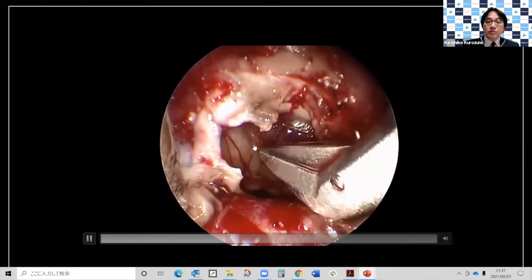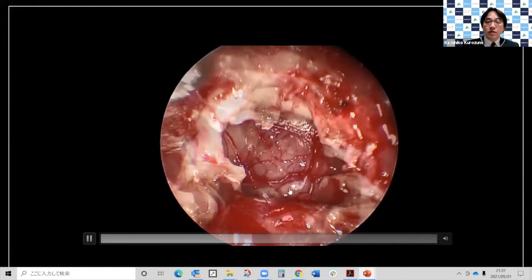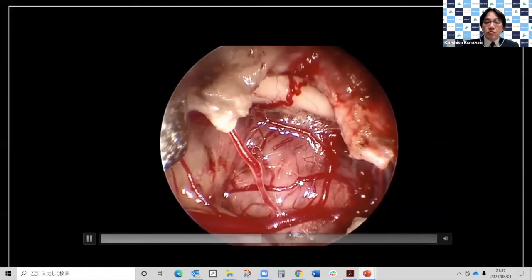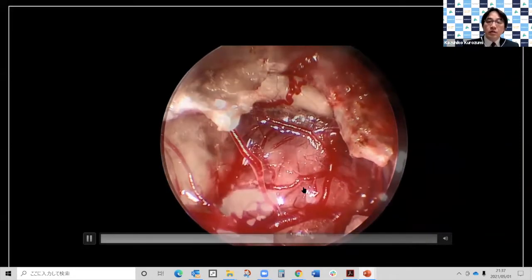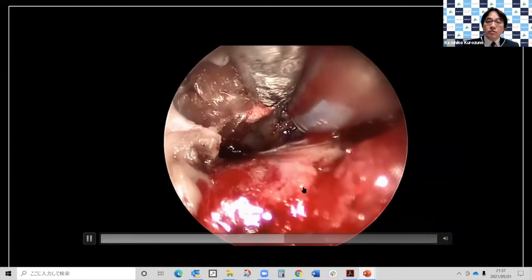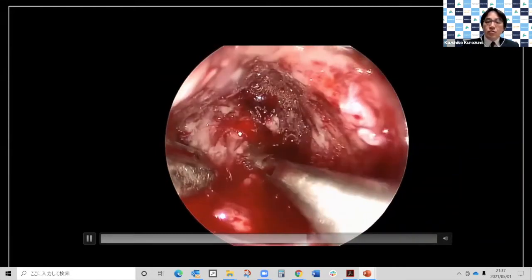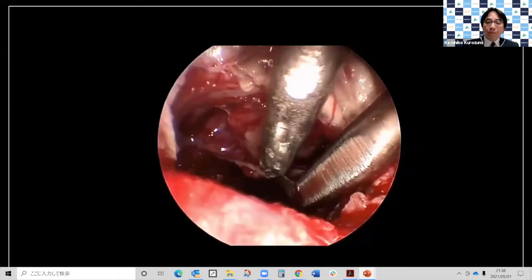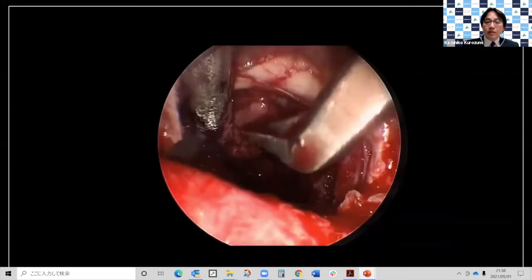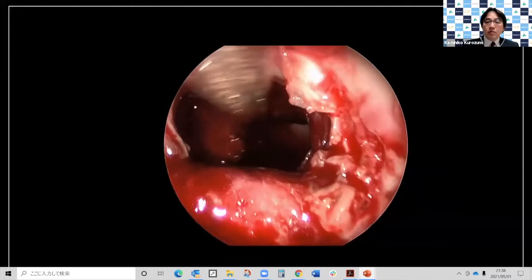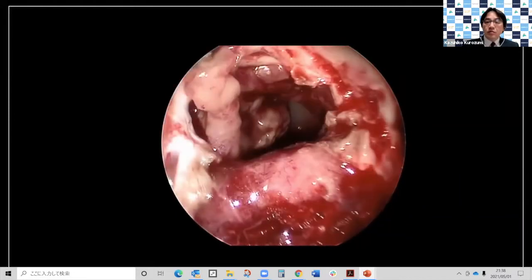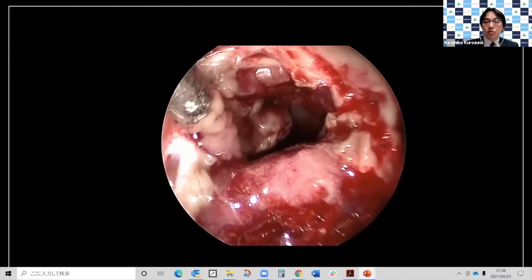I punctured this cyst, then removed this tumor upward. Then I took this tumor under the endoscope system. This was a little bit difficult case, but I could remove the tumor totally.